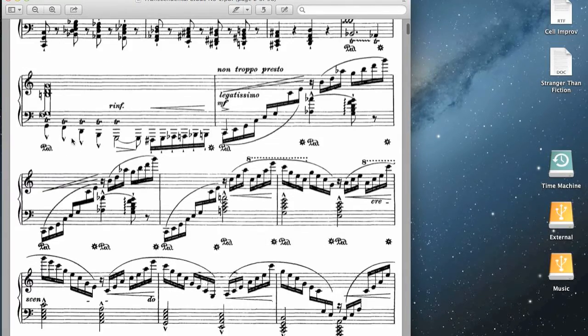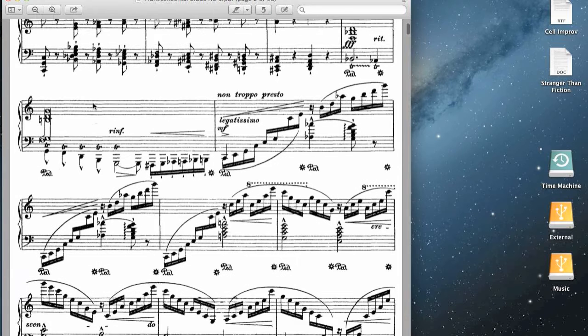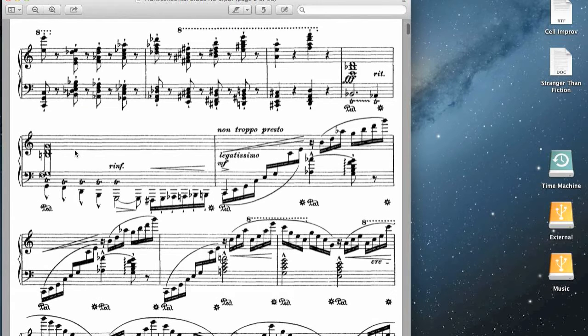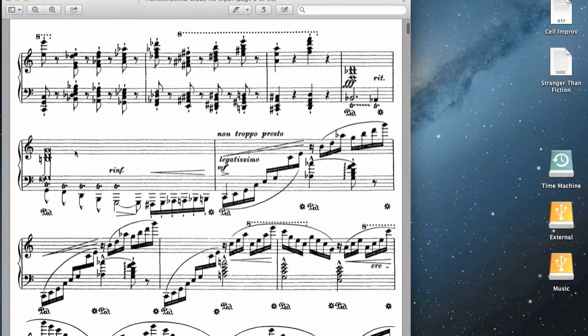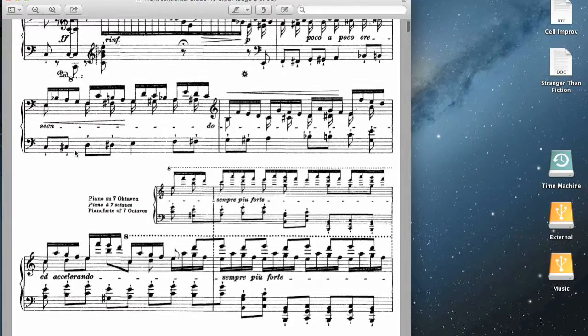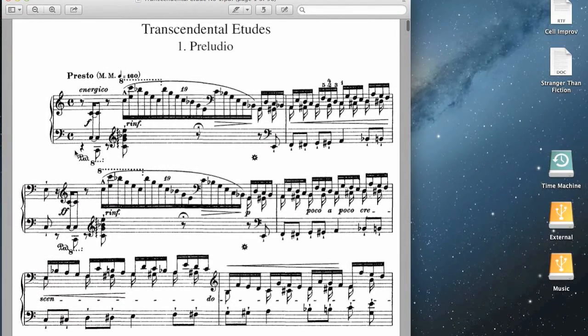And if I go here, I have 1, 2, 3, 4, 5, 6 and a half, 7, 8 beats. So obviously these 8 beats are not really 8 beats because we didn't switch time signatures. So it's kind of squeezing that all into one measure.